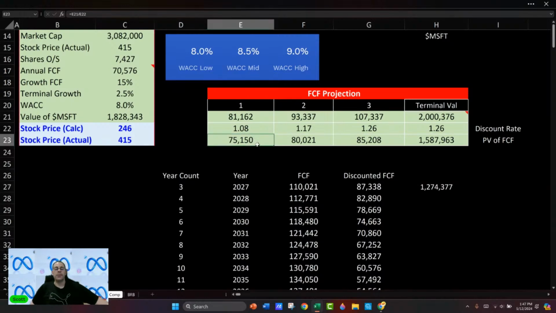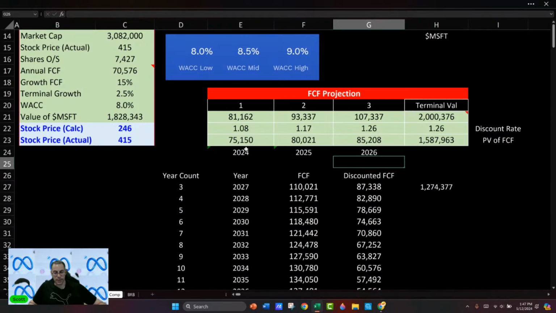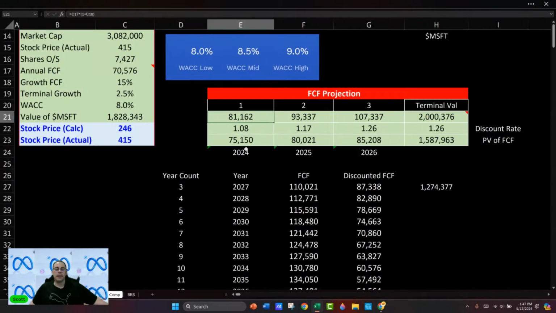But yeah, so this is how you would play with it. You would get this model, and this is how analysts do it when they update their price targets. Say for instance, this is your full year 2024 estimate. This is 2025, 2026. Say in 2024, we think they would have 81 billion of free cash flow.